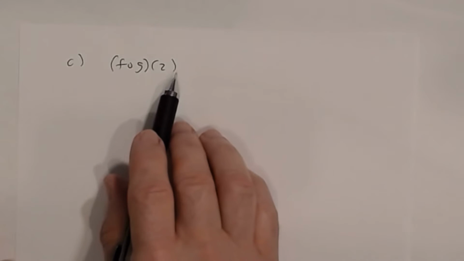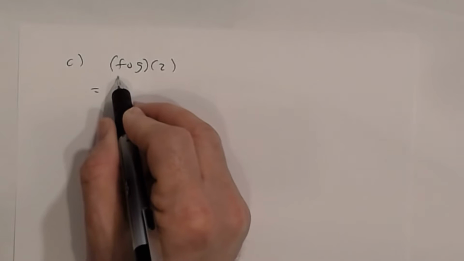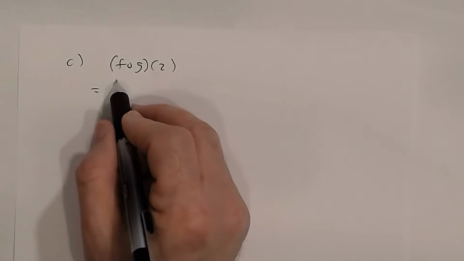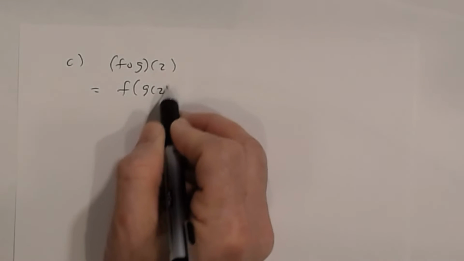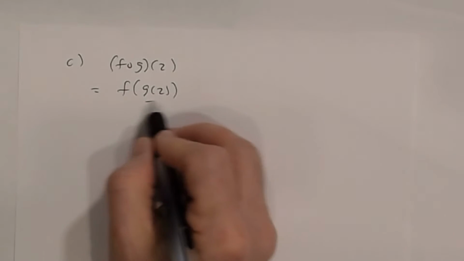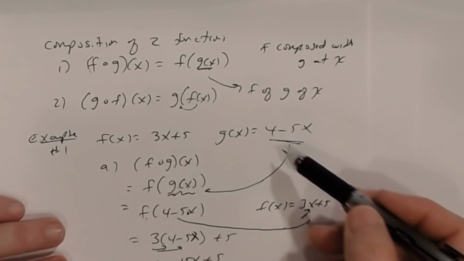Notice here, I'm composing at a number, so my answer better just be a number. But I got to use the definition. By definition, this is composition, so f goes first. So it's f of g of 2. Now I got to find out what g of 2 is. To find g of 2, I got to determine what g of x is. Remember, g of x is this. I'm going to go ahead and write it out right here.